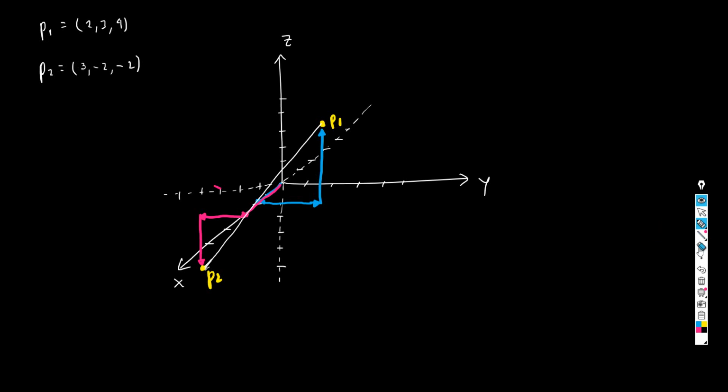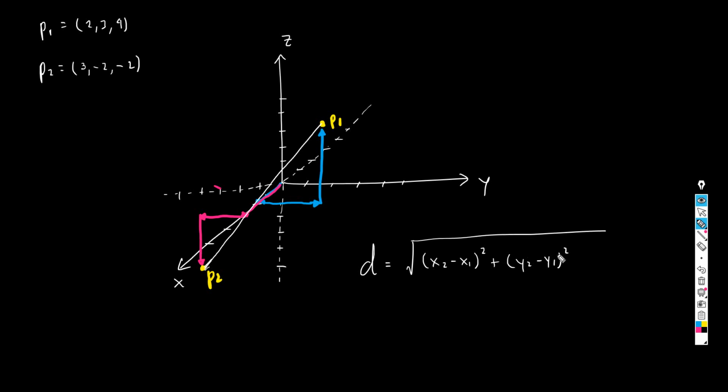Well, the extension is very natural. The distance between point 1 and point 2 will be pretty much the same as before. But now we're gonna add the following. Look, before the distance looked like so, right? For points in the plane.